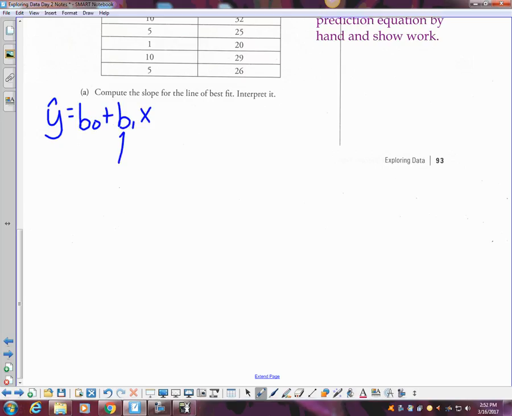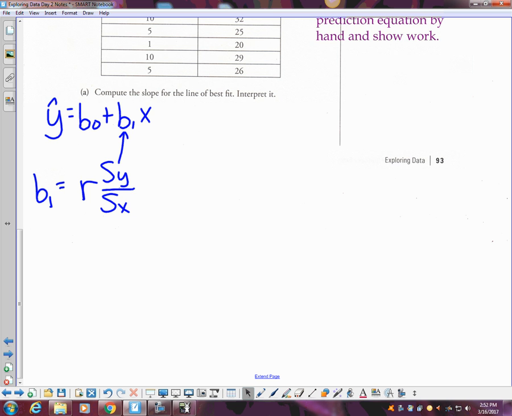I know the slope is always the guy with the x, so my slope is B sub 1. Here's the formula for slope. Now I need R and I need S sub Y and S sub X.